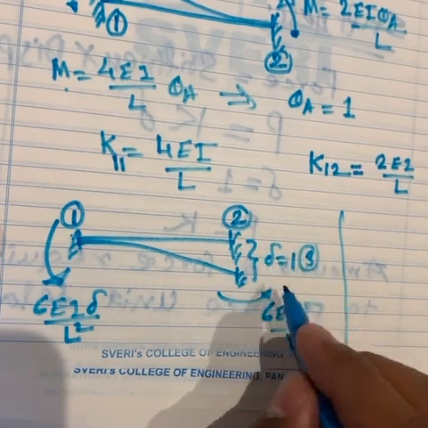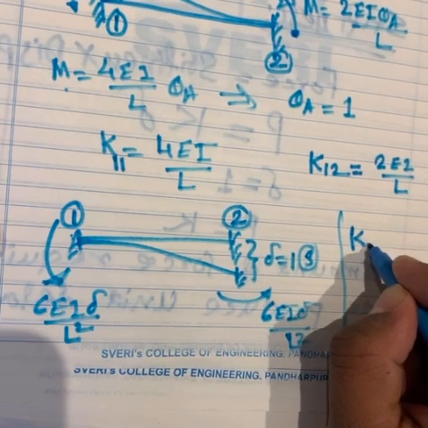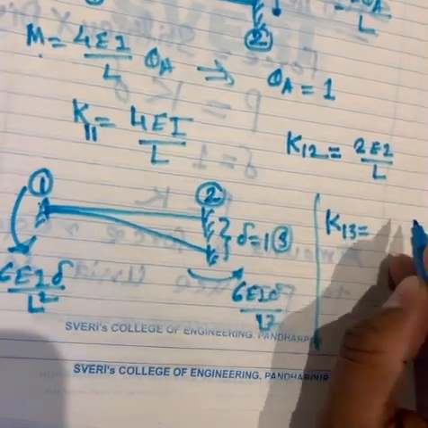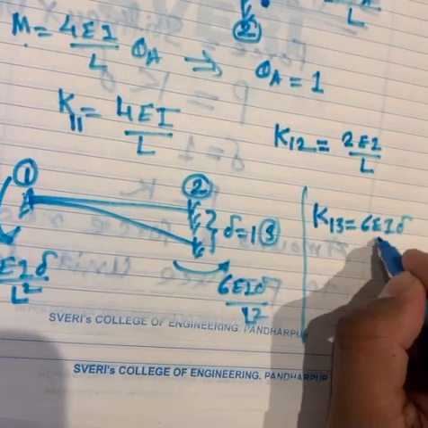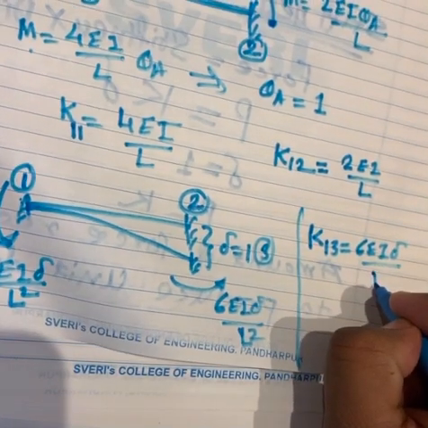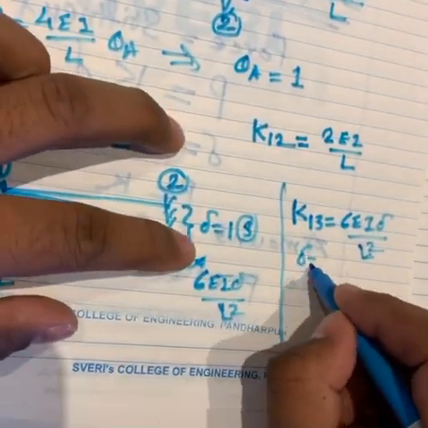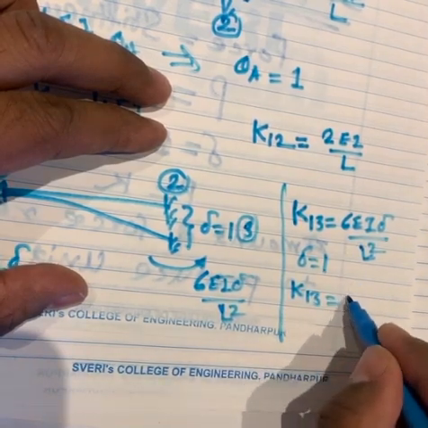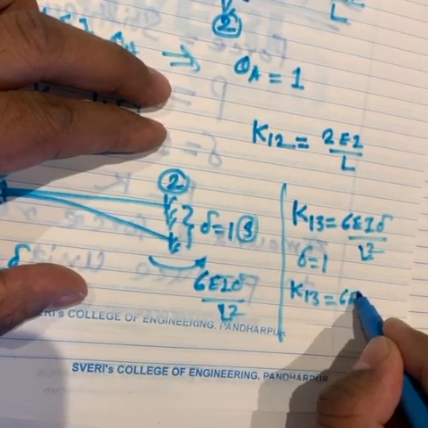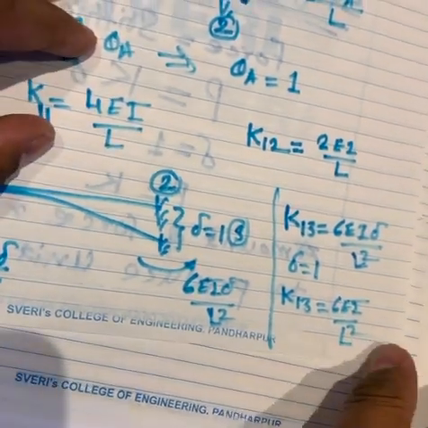Because of vertical deformation, how much movement is generated? So it will be K13, and that will be nothing but 6EI delta by L square, where delta is equal to 1, and that's why K13 will be equal to 6EI by L square.